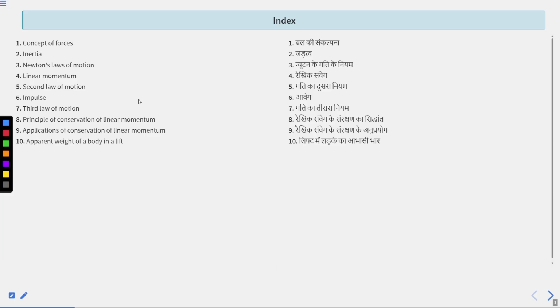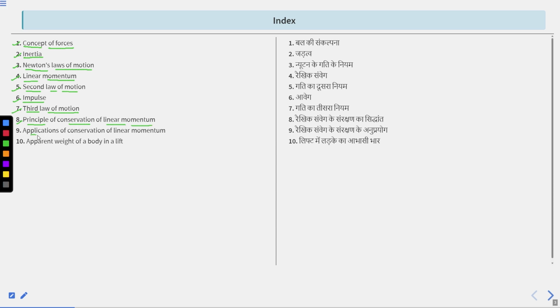So, in today's lecture, we will cover first is concept of forces, second is inertia, third is Newton's law of motion, fourth is linear momentum, fifth is second law of motion, and sixth is impulse, seventh is third law of motion, and eighth is principle of conservation of linear momentum.